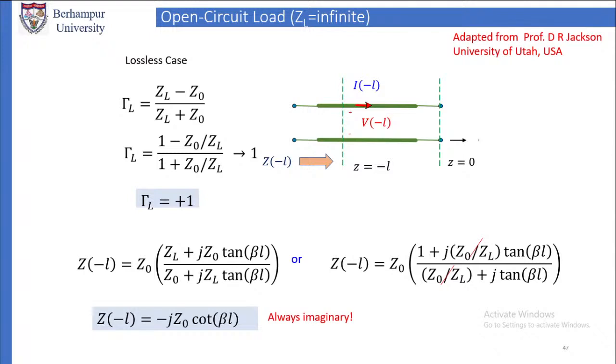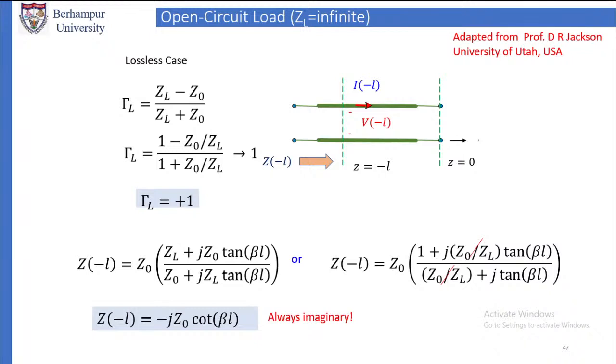Now, Z0 by ZL is equal to 0 because ZL is infinity. Put that 0, then Z at a distance L from the reference point is equal to Z0 whole into 1 by j tan beta L. That is the same as Z is equal to minus j Z0 cot beta L. Since we have a j term, it is always imaginary.